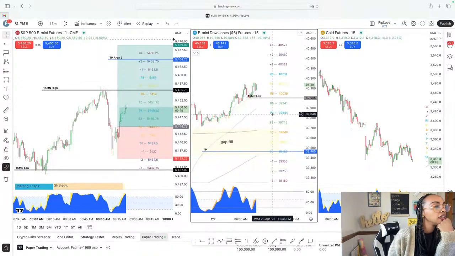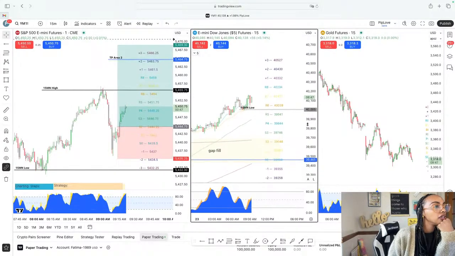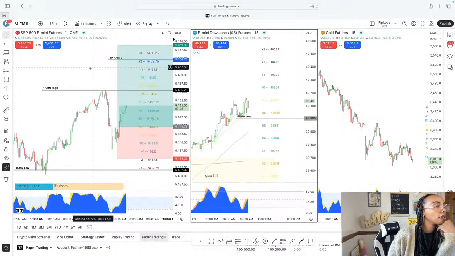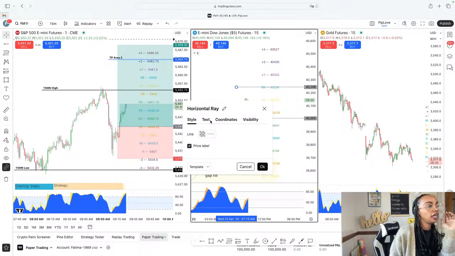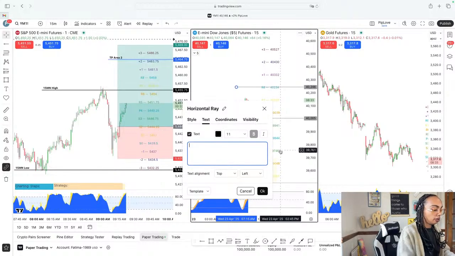Okay. Now if price continues to buy, I'm looking for this 40 to 34 level as my next take profit zone.